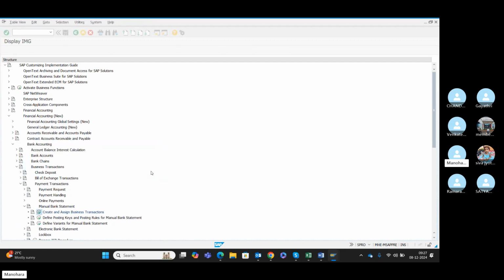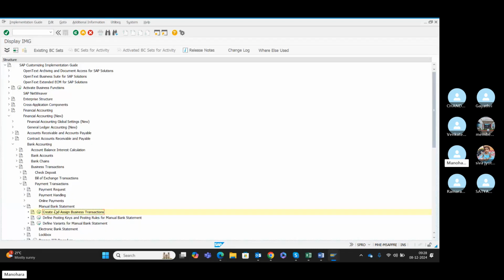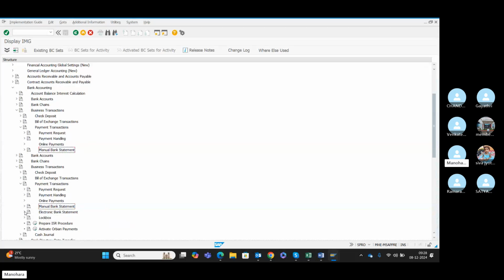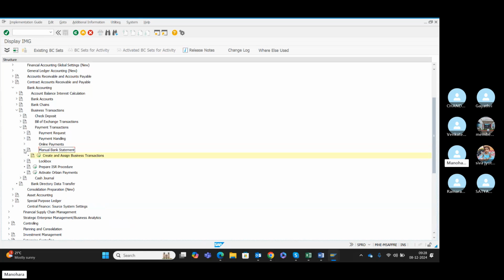Okay. So here we have one logic, an algorithm. Which functionality are we talking about here? Manual BRS, right? And this is electronic BRS. First we go into manual BRS, and after that we come to electronic BRS.